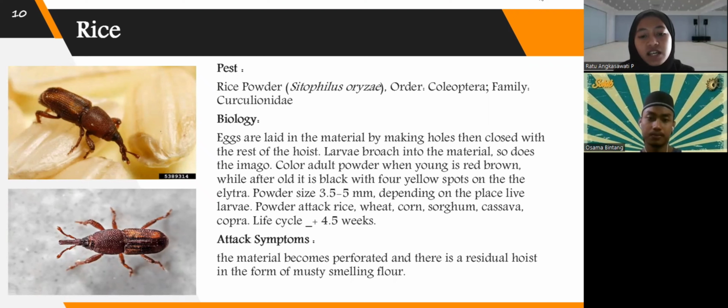The size is 3 to 5 millimeters, depending on the place where the larvae live. The weevil attacks rice, wheat, corn, sorghum, cassava, and copra. The life cycle is about 4 to 5 weeks. Attack symptoms: the material becomes perforated and there is a residual hoist in the form of musty smelling flour.